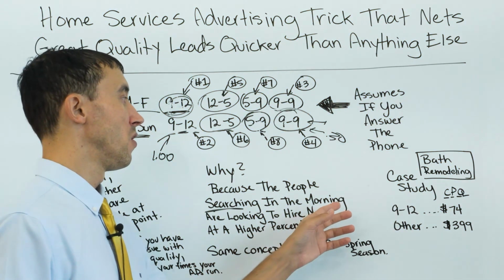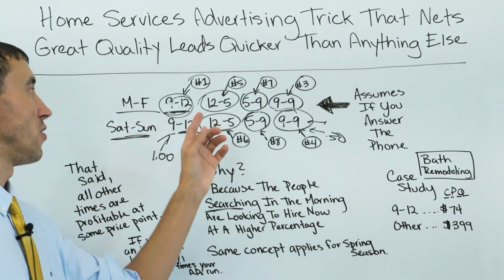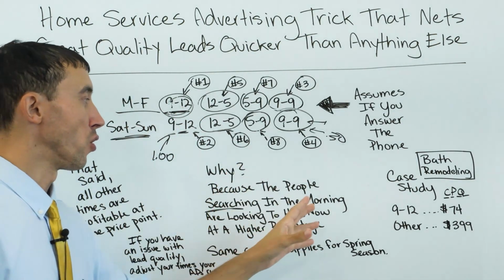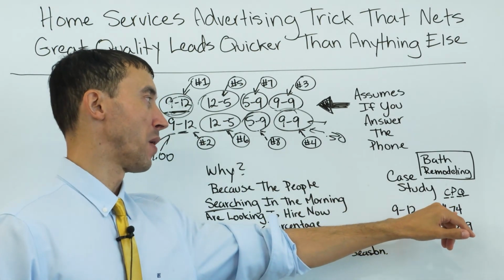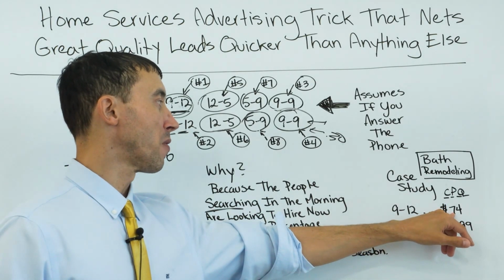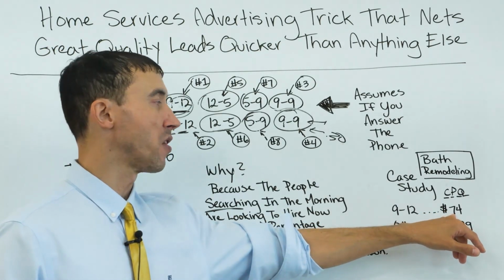But if you do nothing, say you're in the bathroom remodeling space and you just run your ads 9 to 12 in the morning and that's it, your cost per opportunity, depending on what locality you're in, is probably going to be something like this. In the market we were in in LA, we were getting a $74 cost per opportunity.